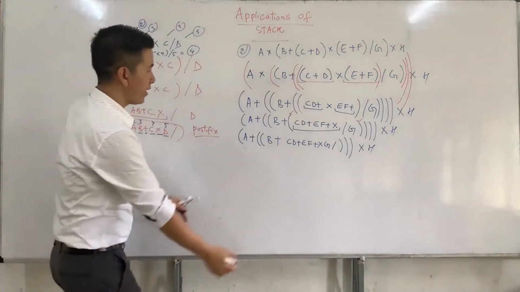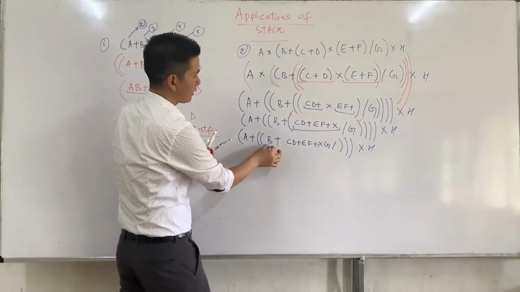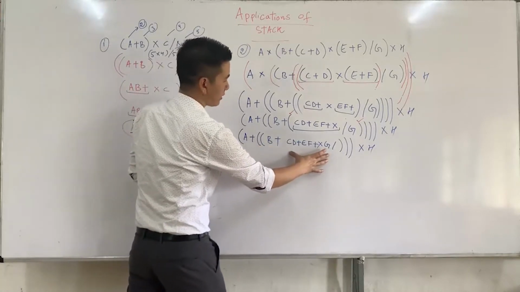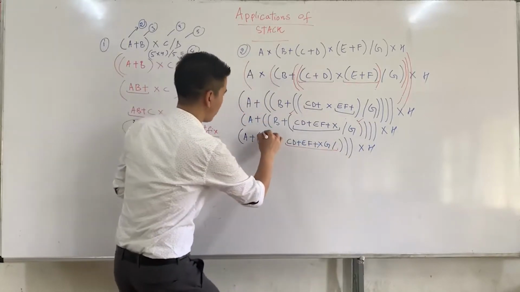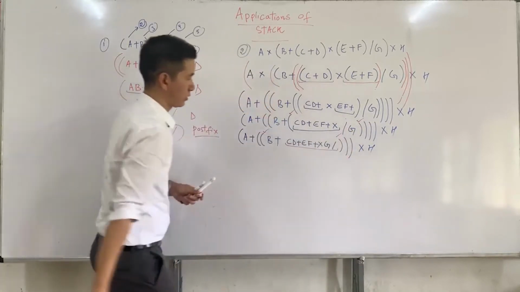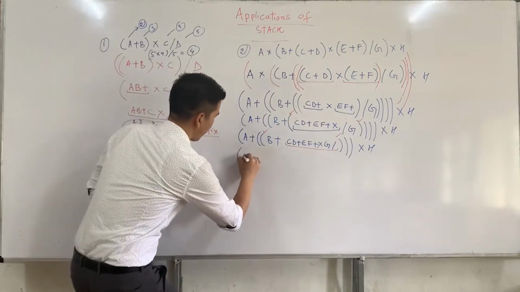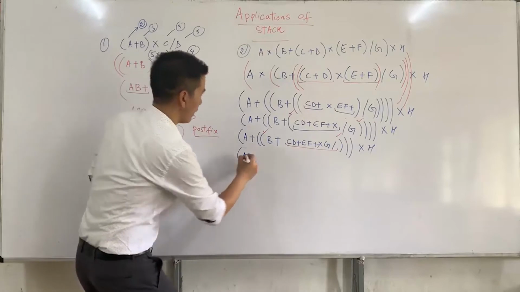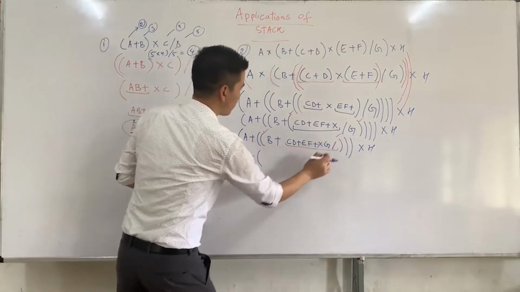Alright, now it's time to get rid of B as the first operand and this as the second operand. Just mark it like this. So it's time to get rid of this bracket, right? A plus, and then you have this bracket. Now these two brackets will disappear.